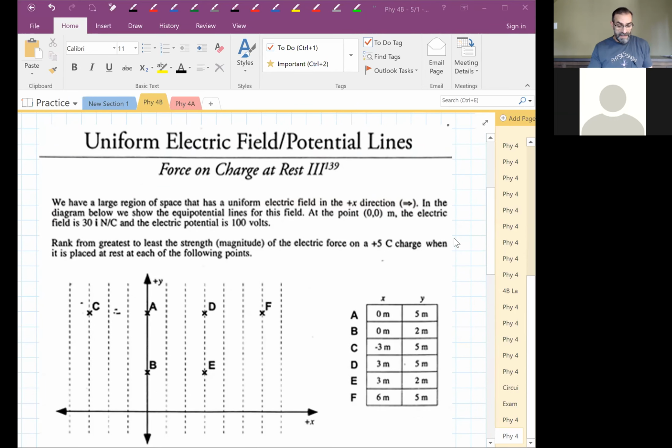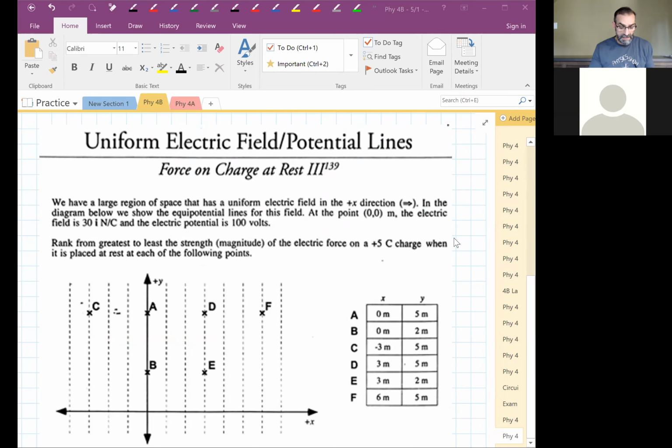It says we have a large region of space that has a uniform electric field in the plus x direction. In the diagram below, we show equipotential lines for this field. At the point 0, 0, the origin, the electric field is 30 newtons per coulomb in the x direction, and the potential is 100 volts.